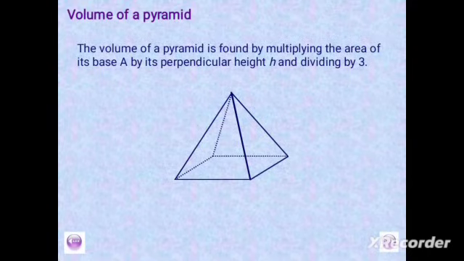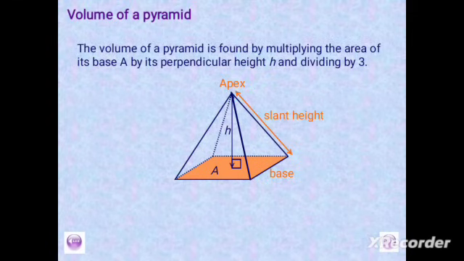Now the volume of a pyramid is found by multiplying the area of its base by its perpendicular height and dividing by 3. So we have the base of this pyramid, then we have the perpendicular edge, and then we have the slanting height of the pyramid.